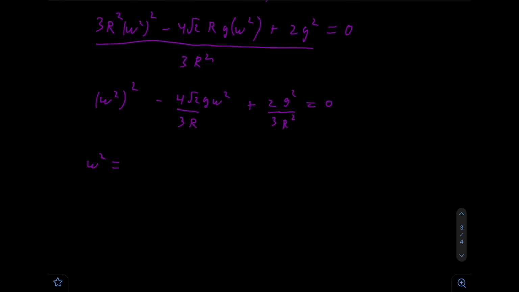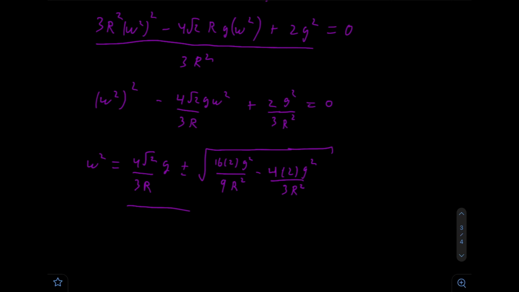Omega squared is going to be equal to 4 root 2 over 3 r g, plus or minus the square root of 16 times 2 times g squared all over 9 times r squared, minus 4 times 2 times g squared over 3r squared, all over 2.